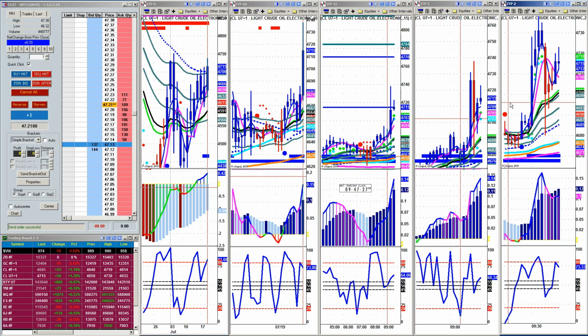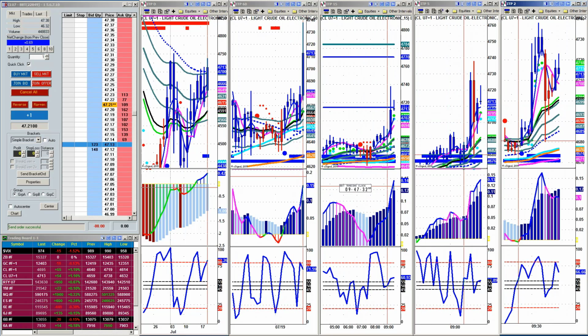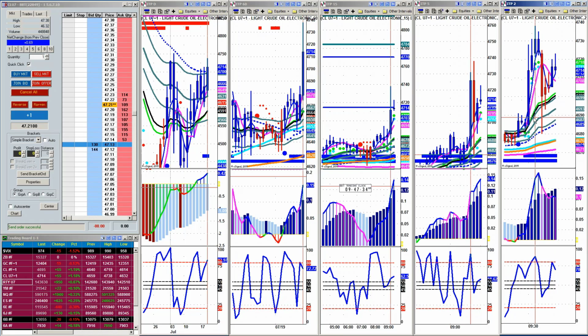So still seeing plenty of volatility at this time. Even 15 minutes in, we're actually seeing plenty of volatility.